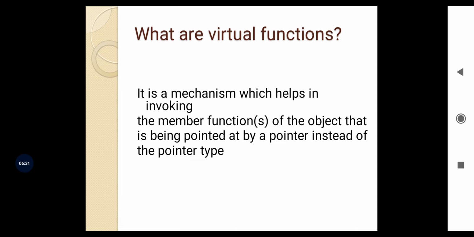So if you create a pointer of the base class, the pointer should not be bound to the base class function, but it should be bound to the functions of the objects it is referring to, right? That is the whole point about a virtual function.